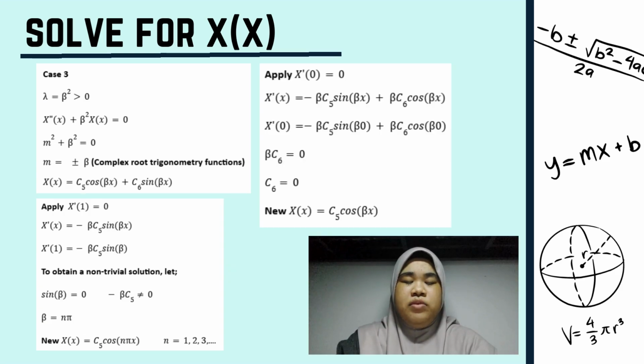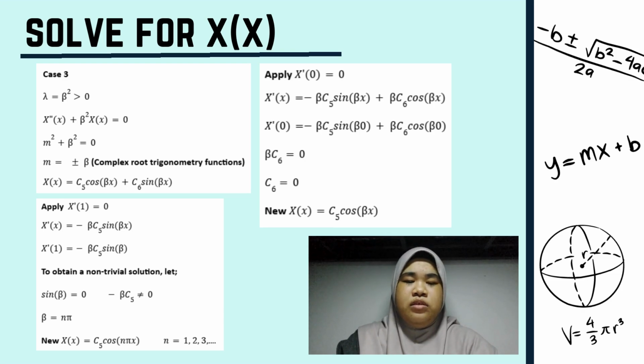So for the last one, we solve for case 3. For lambda in case 3, we got beta squared greater than 0, and we substitute the value of lambda in our X equation. We got X double prime s plus beta squared X(s) equal to 0, and then m squared plus beta squared equal to 0.